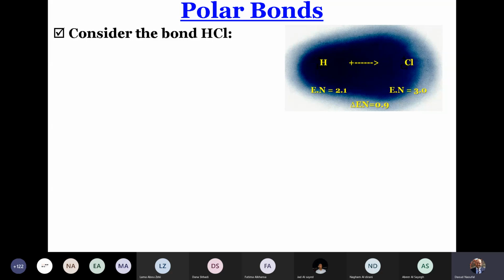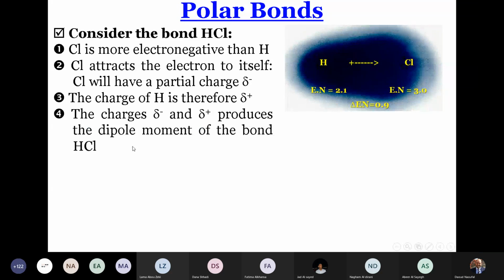That means HCl is not 100% ionic nor 100% covalent. The bond has percent covalent and percent ionic. Cl is more electronegative than hydrogen.